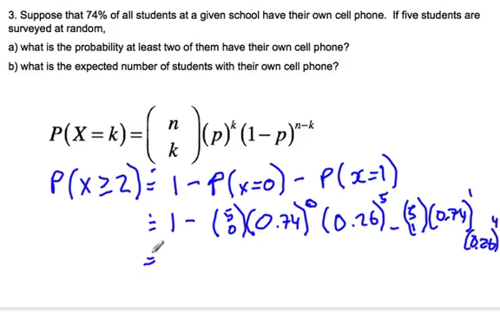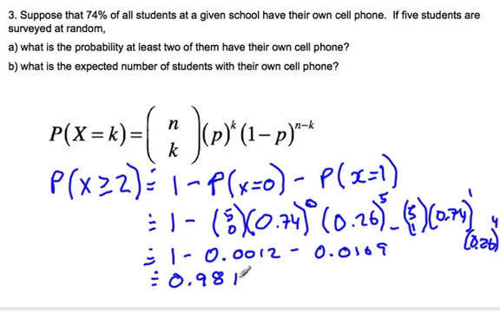So if you do your calculations correctly, you should get this to come out to be approximately 0.0012 minus 0.0169, which is approximately equal to 0.9819. So in other words, we would expect a 98% probability that if we interview 5 students, 2 or more of those students are going to have a cell phone.